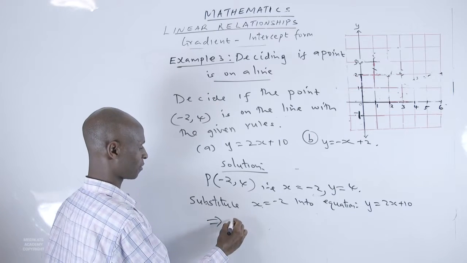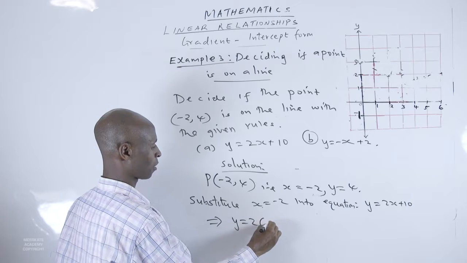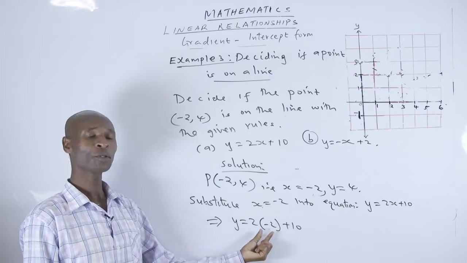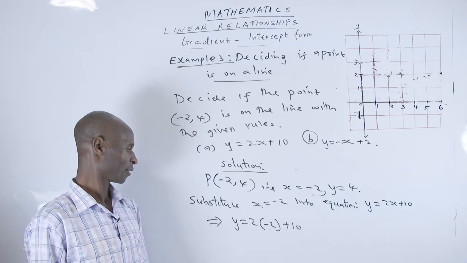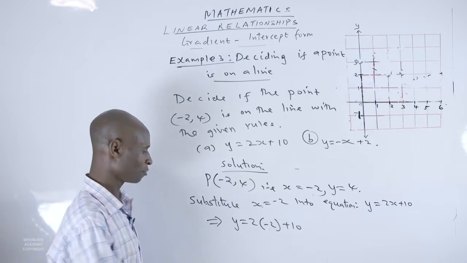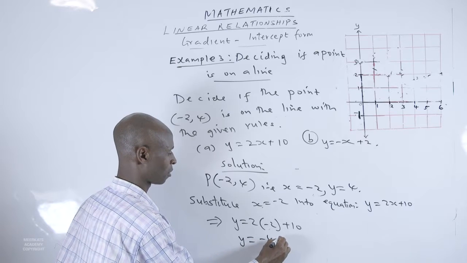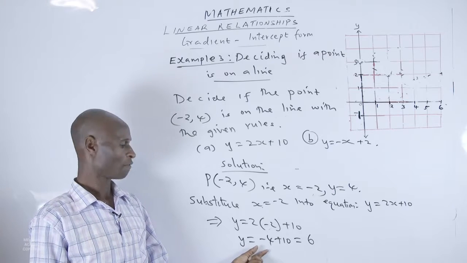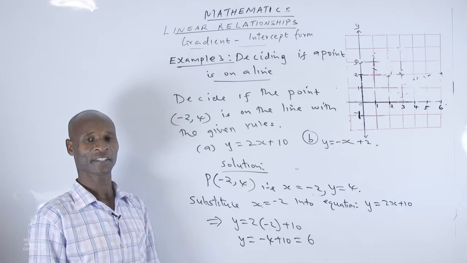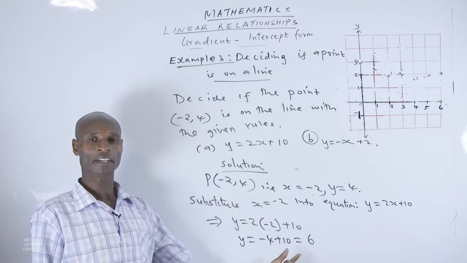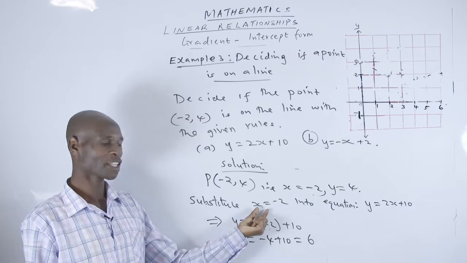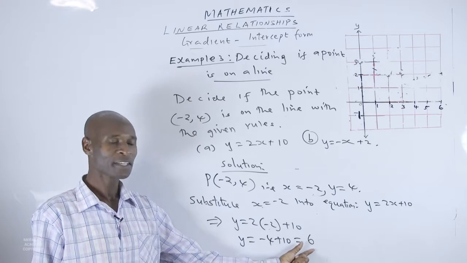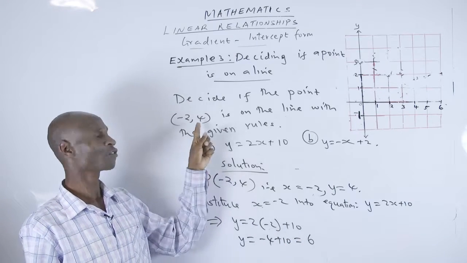This will give us y is equal to 2 into -2 plus 10, which simplifies to y is equal to -4 plus 10, which gives us 6. So we are getting the y value as 6 when we substitute x value as -2. So you'll notice that 6 is not the same as 4.